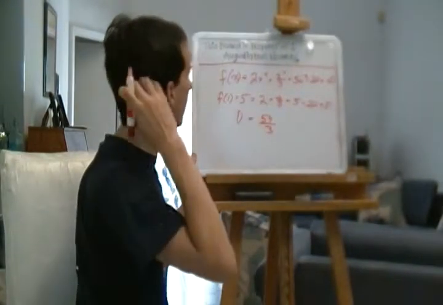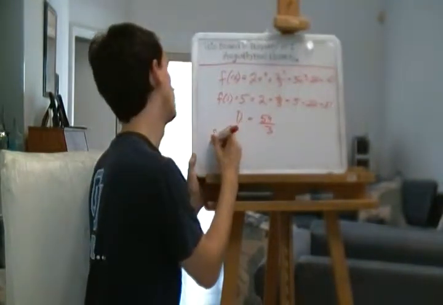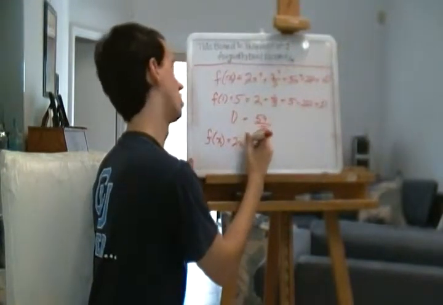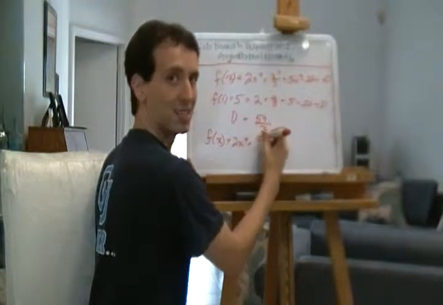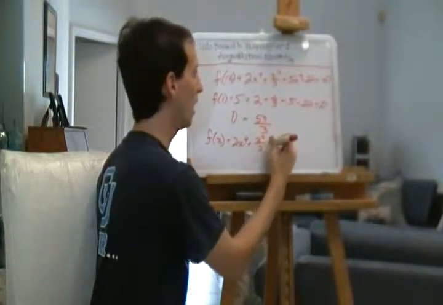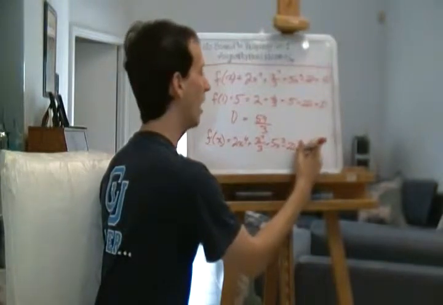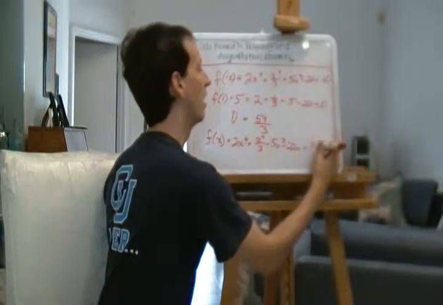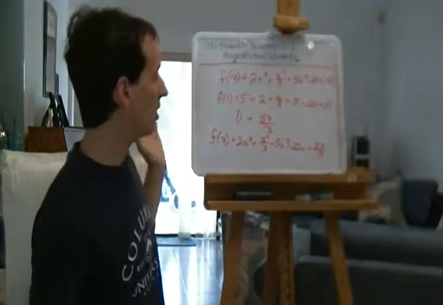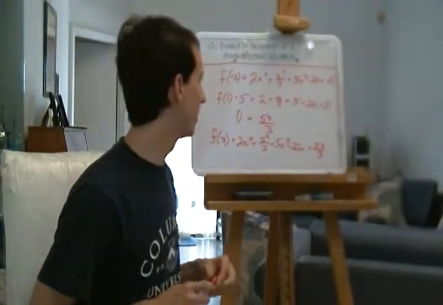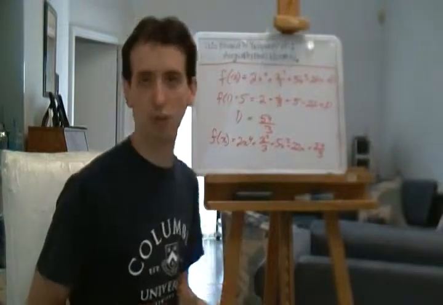Not exactly too glamorous, which leaves us with f of x equals 2x to the 4th plus x cubed over 3 plus 5x squared minus 22x plus 59/3. And there you have it. That's f of x. And that's an application of antiderivatives.